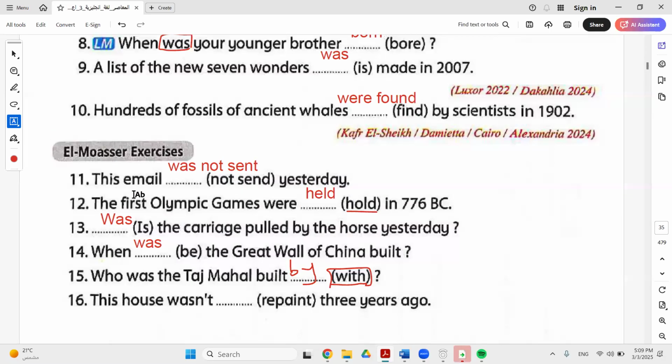Number 11, shouldn't it be was not sent? This email was not sent yesterday. Past participle of send is sent.